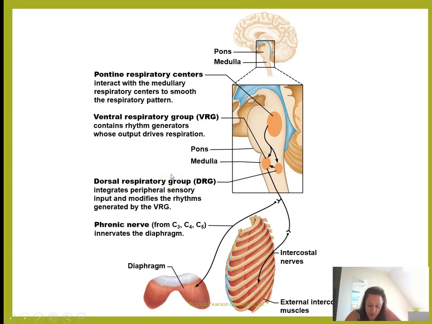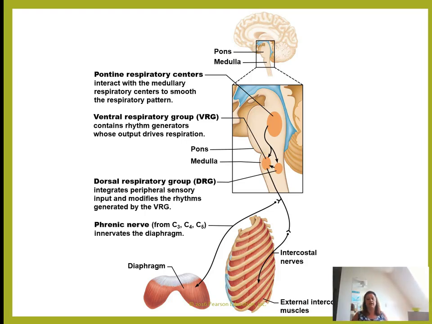The dorsal respiratory group is going to moderate, right, and communicate information. It comes from the sensory input and modifies the rhythm. By modifying the rhythm, what we're saying is faster or slower. And then the pontine respiratory group modifies the rhythm and prevents overinflation of the lungs.